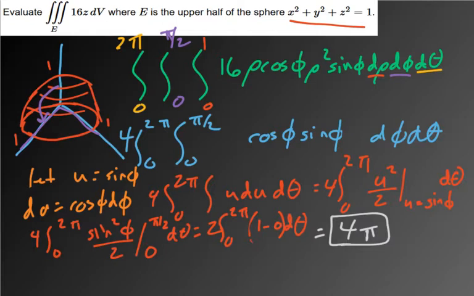So this is just a good example to show how nice and easy a problem can be if you just use spherical. If you don't use spherical, you're going to basically have to solve this sphere for a square root thing. You'll have to do z equals 1 minus x squared minus y squared, all of that square rooted.